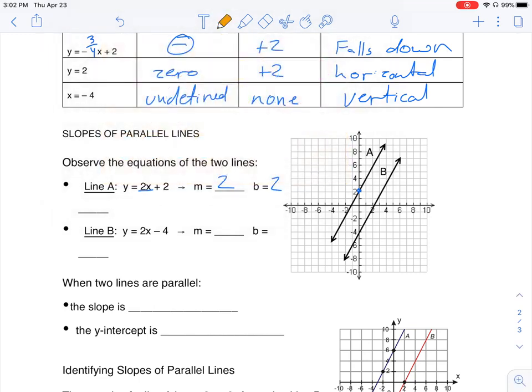For line B, the slope is 2 from looking at the equation, and the y-intercept is negative 4. And we can see that here. So when two lines are parallel, we can kind of infer from what we're looking at here, when two lines are parallel, the slope is the same.